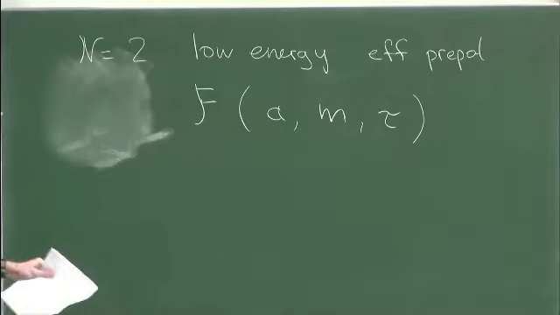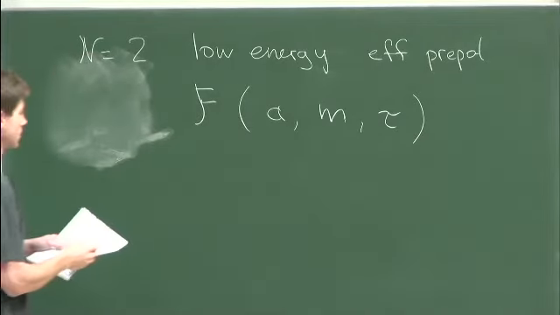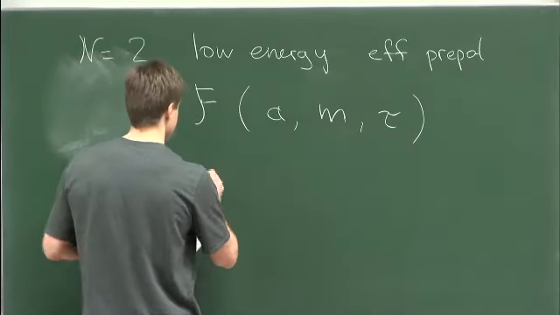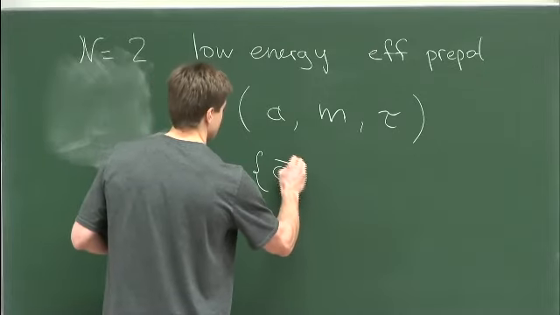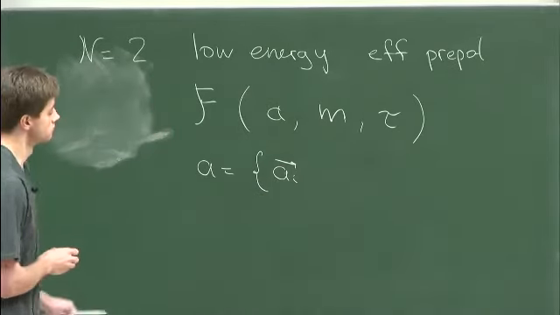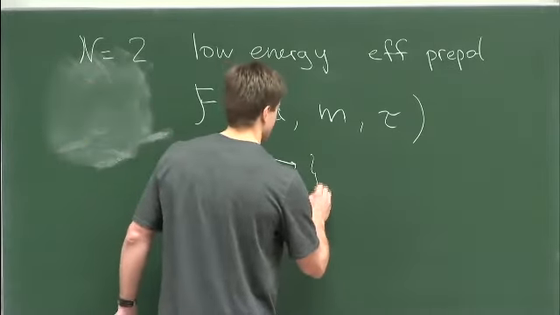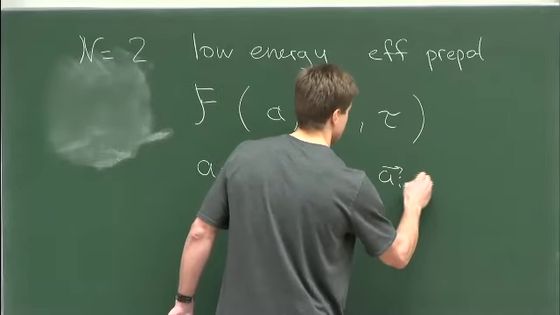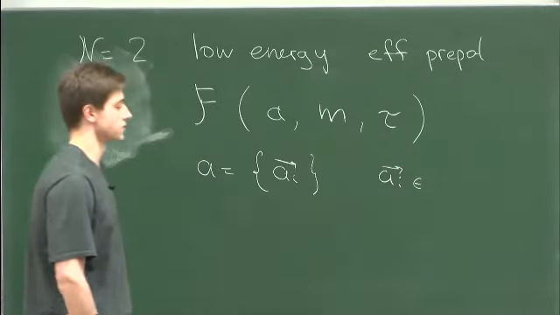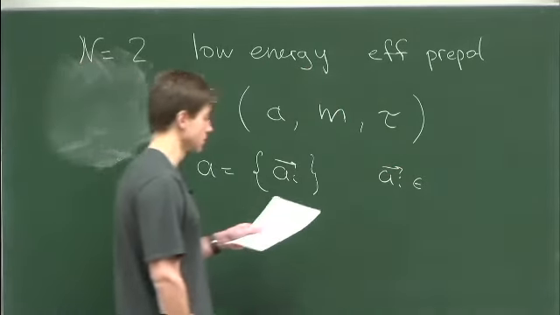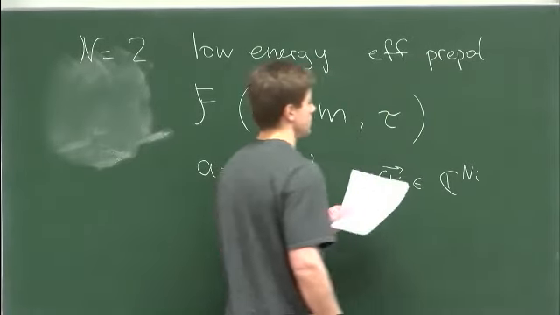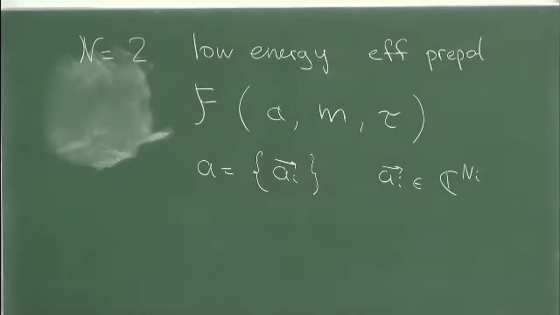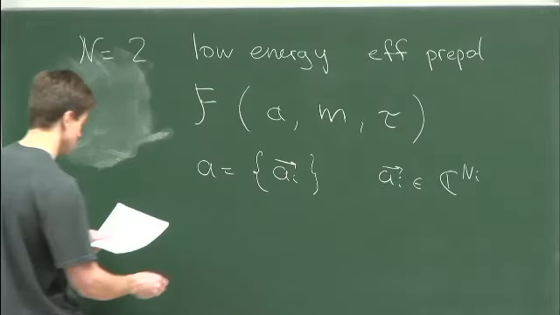And each of those letters encodes n-tuples of parameters, so that A is a list of vectors A_i, where A_i is in the Lie algebra of the corresponding gauge group. So it's that complex vector in the associated vector multiplet.